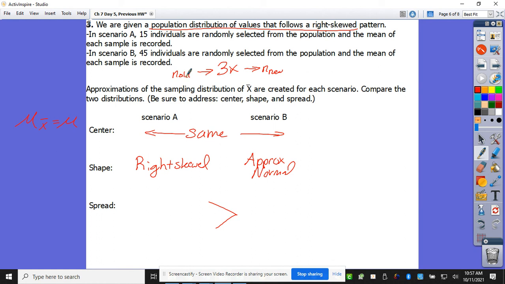So if this was multiplying it by 9, what would happen to my standard deviation? It'll be divided by 3. So it's the what of 9? So technically here, I could actually write this that if this is my first standard deviation, this one is how much of my first standard deviation?